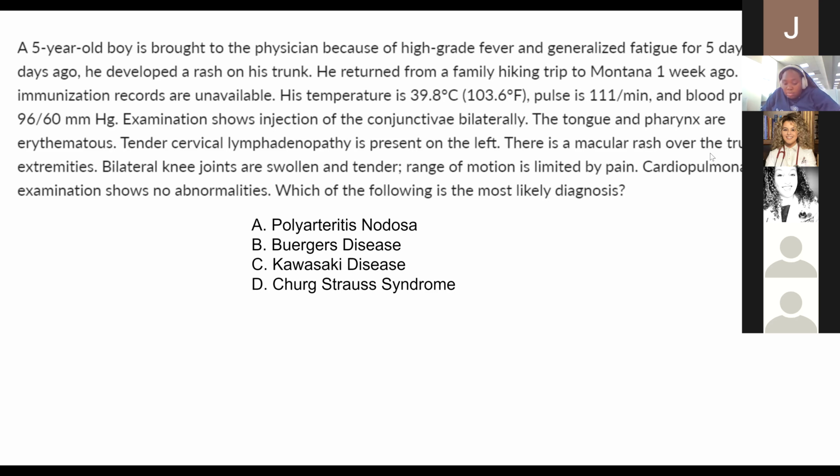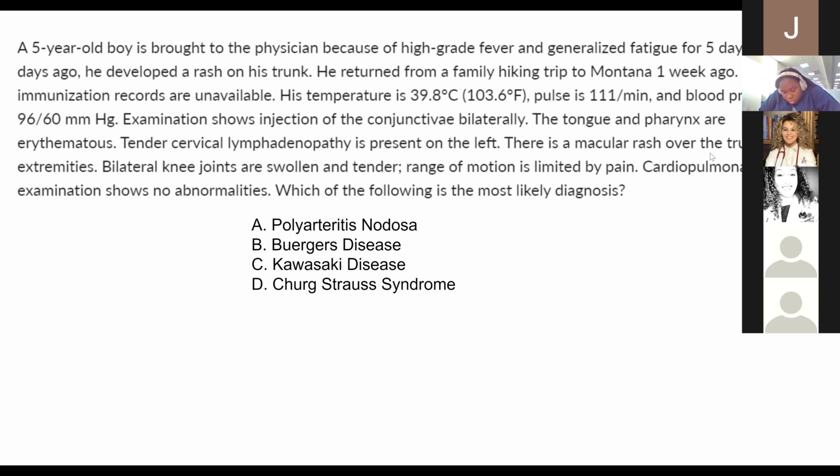Perfect, exactly. Beautiful explanation. So I know I said young Asian children, right? High association with Asian children, but it doesn't have to just be Asian children. This question doesn't state that the child is Asian, but every other part of the symptomology is presented here.